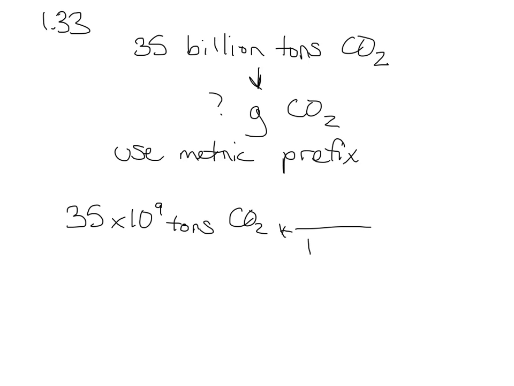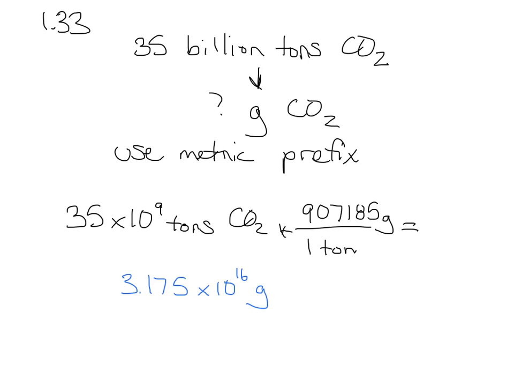The one I used is 1 ton is equal to 907,185 grams. Okay, so if the scientific notation and the math went into your calculator correctly, this is what your answer should look like at this point, just straight out of the calculator.